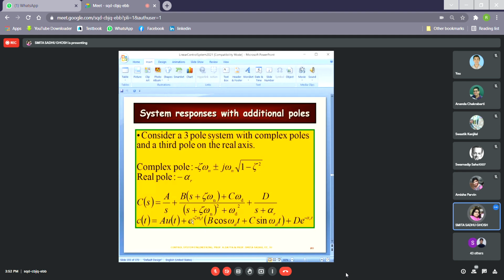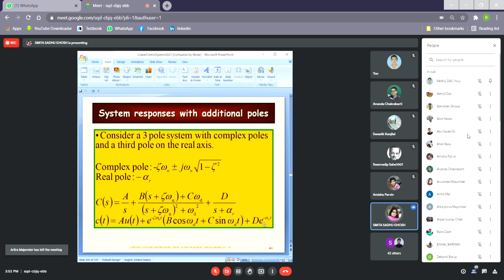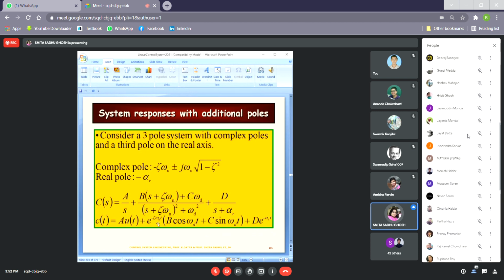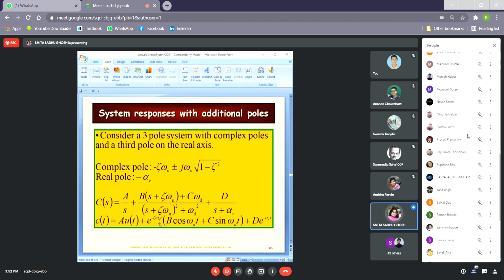It's going to start off, but be damped out very fast, so that the effect of the sinusoid will almost not be visible in the response. The response will consist of purely the first term and the third term. It will appear almost like an exponential response only, because the sinusoidal term, though present, will be damped out very fast.